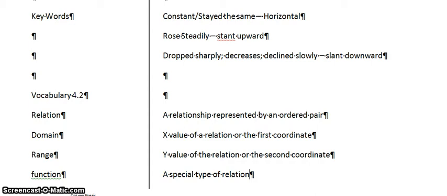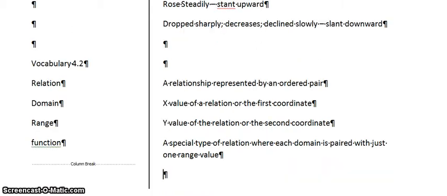Now, two of the domains can share the same range value, but a domain can't have two different ranges. A domain can't be paired with two different ranges, okay? So a special type of relation where each domain is paired with just one range value, okay?